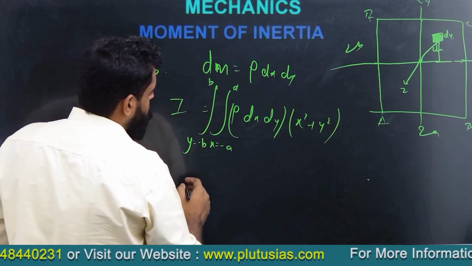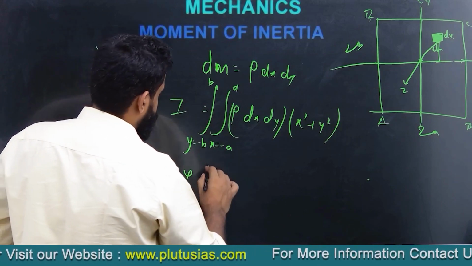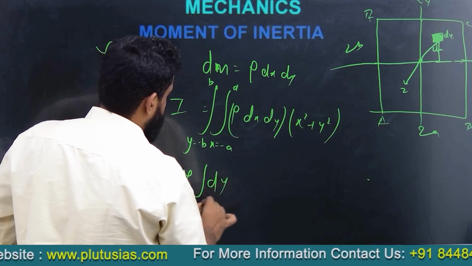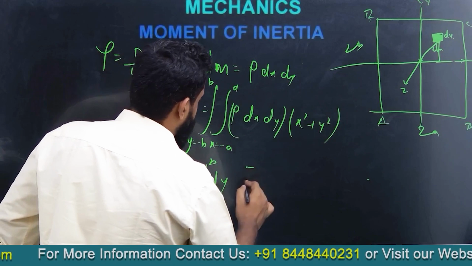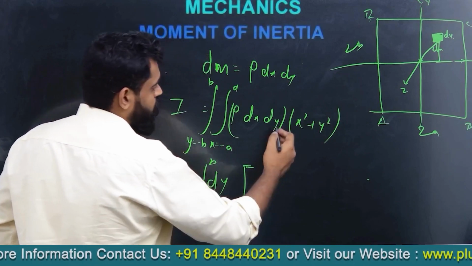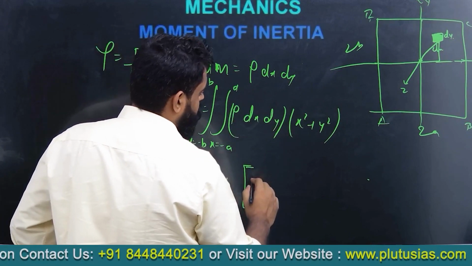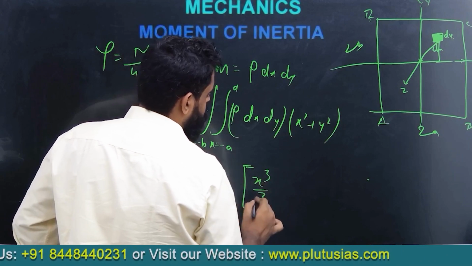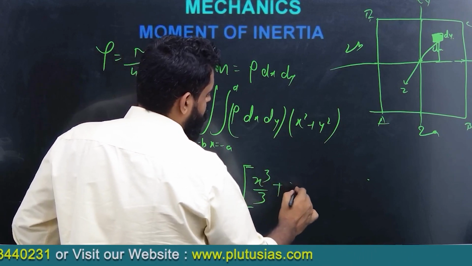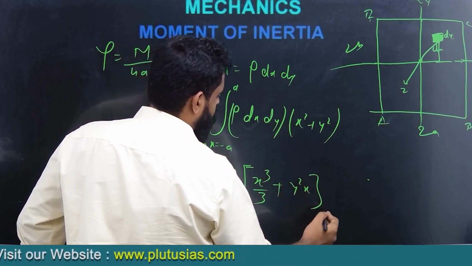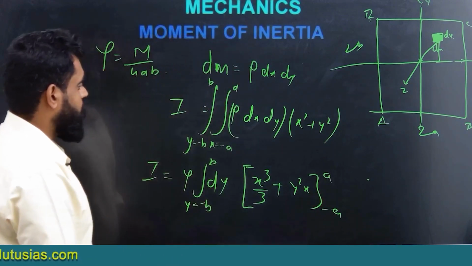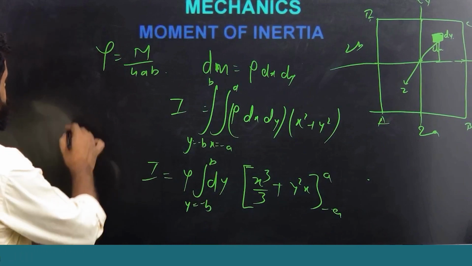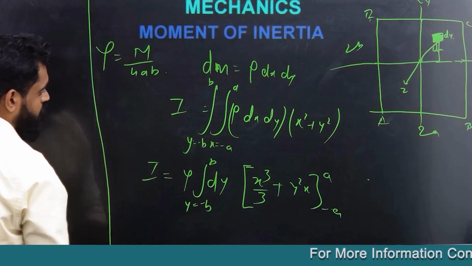Rho is a constant here, dy, and for dx, if I integrate it first for x, it will be x cube upon 3 plus y square x from minus a to a. I'll solve it here.